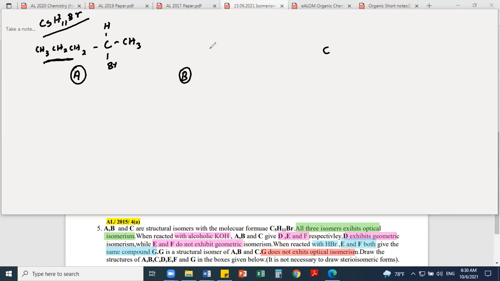Let me draw like this. Carbon, you can put bromine, CH3, hydrogen, CH3, then you can put this side. I'll type bromine here.